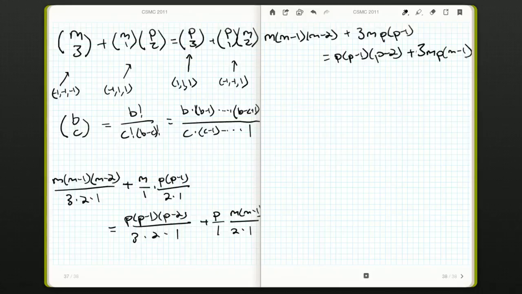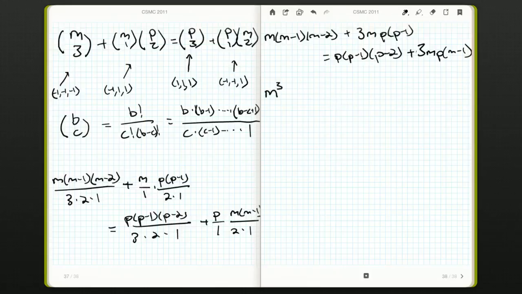Okay, so what can we do here? I think the best thing to do would probably be to get it all on one side. Certainly, and then maybe we can group some things together. I mean, maybe I'm going to have to expand these cubics out. I really don't know. I'm hoping that I don't, but it's looking like I probably will. Yeah, let's just go for it and expand them out.